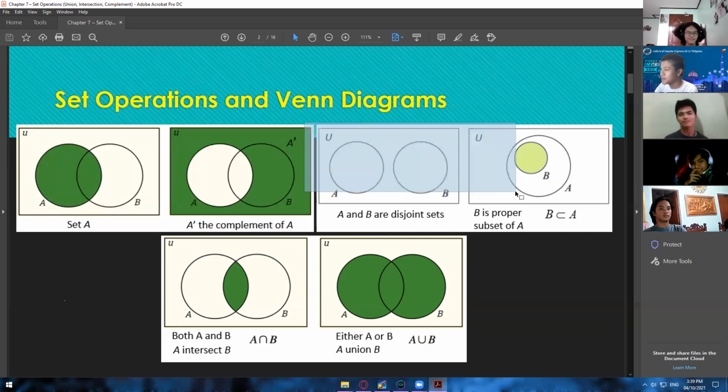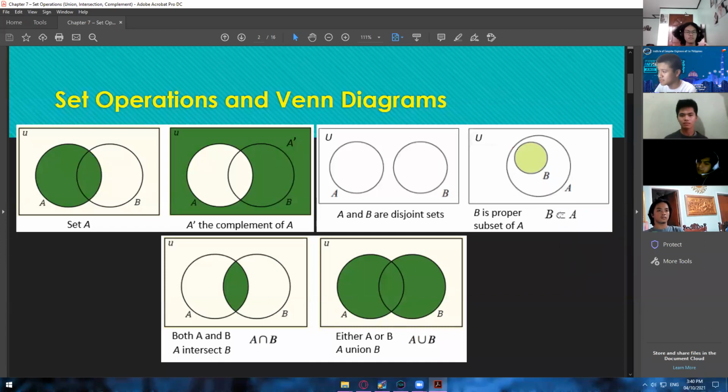The next diagram shows that A and B are disjoint sets. It's very straightforward: they are not joined together, which is why it's called disjoint. In other words, they don't have common elements, so they are separated from each other. Then we have another set, where B is a proper subset of A. You already know the symbol of a subset.